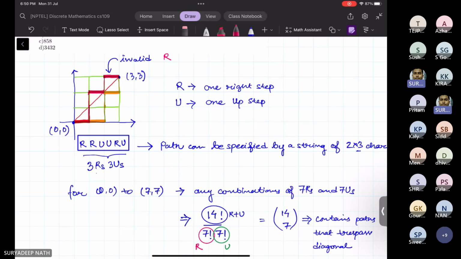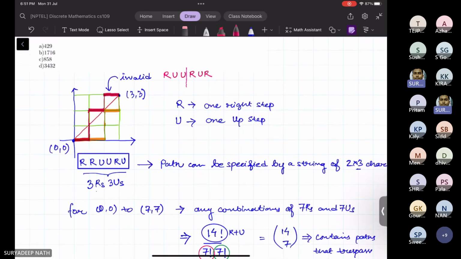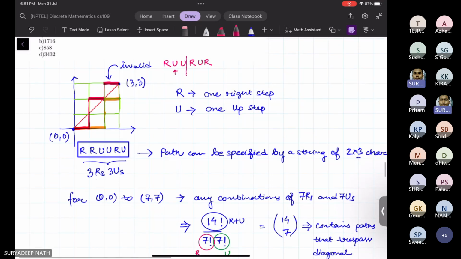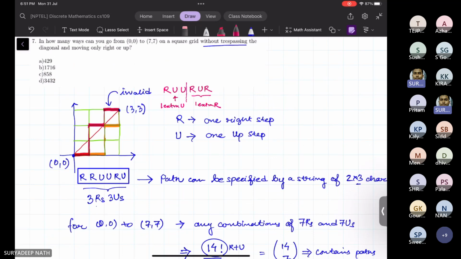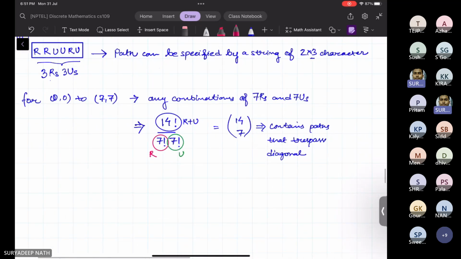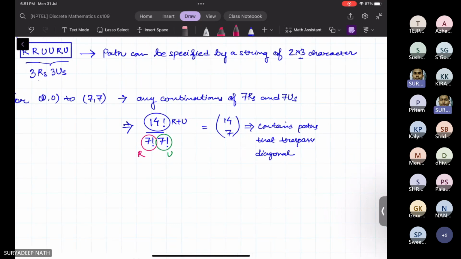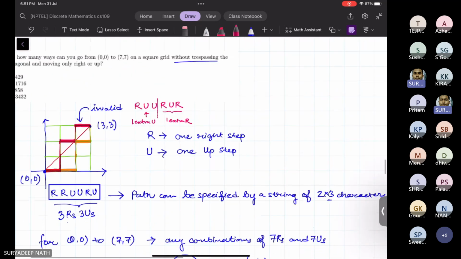It is R, U, U, followed by R, U, R. If we draw a barrier where the path is trespassing the diagonal, you see at this point, after taking R, U, U, it crosses the diagonal, and then you have some combination of R, U, R. On the left hand side, you have one extra U, and on the right you have one extra R. So we have to count such paths and remove them from the 14 choose 7, the total paths that we can take to reach from 0,0 to 7,7.